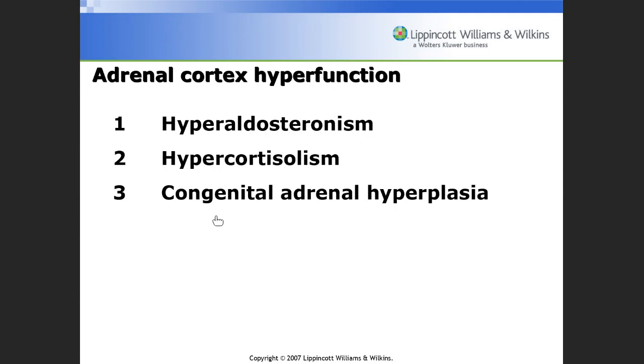Now the females can start to have high testosterone. And it's not uncommon in congenital adrenal hyperplasia that high testosterone can stimulate the clitoris to become very large, like a penis, if you will. I'm going to show you a little bit.